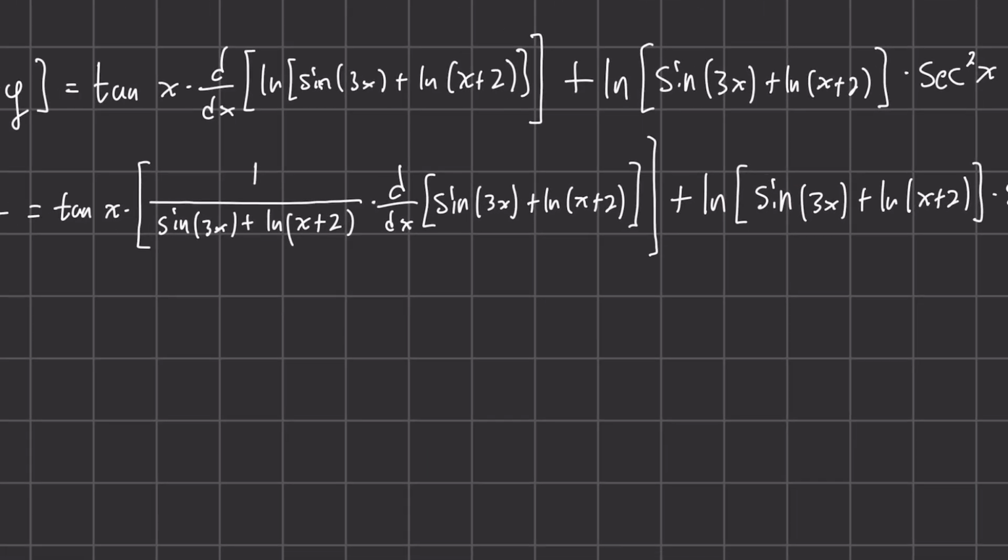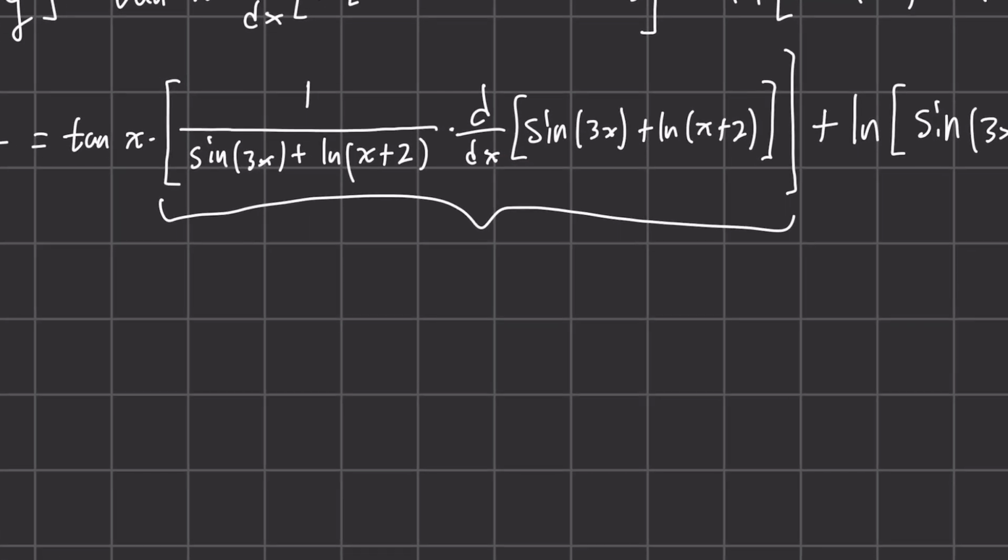Let's simplify this whole thing. It's just going to be the derivative of this whole thing over this, because now they're just being multiplied together. Let's compute this first.